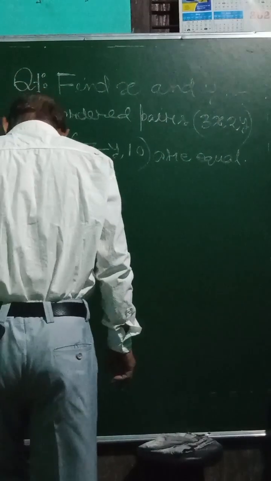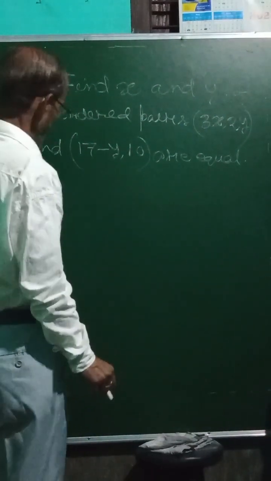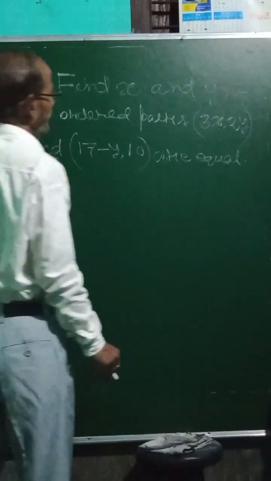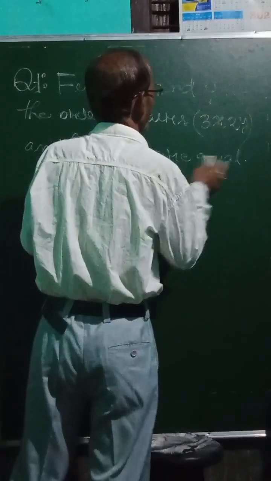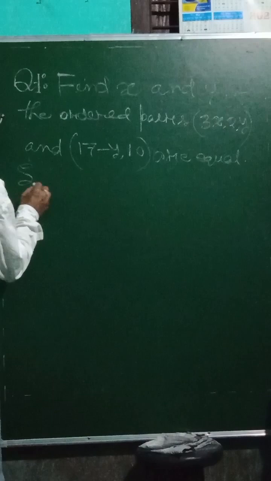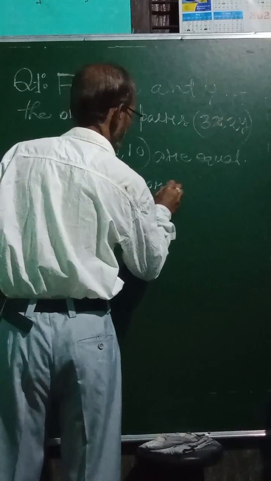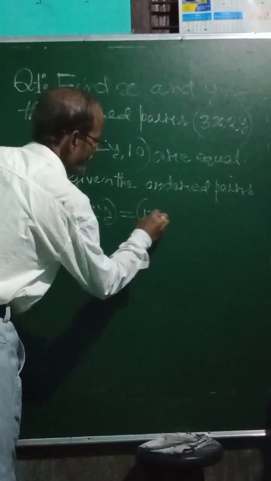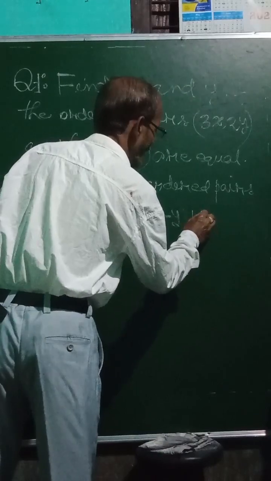Whatever we have learned, first of all, two ordered pairs will be equal if the first element of the first pair is equal to the first element of the second pair, and the second element of the first pair is equal to the second element of the second pair. So based on this, let us start the solution. Given the ordered pairs (3x, 2y) equal to (17 minus y, 10).